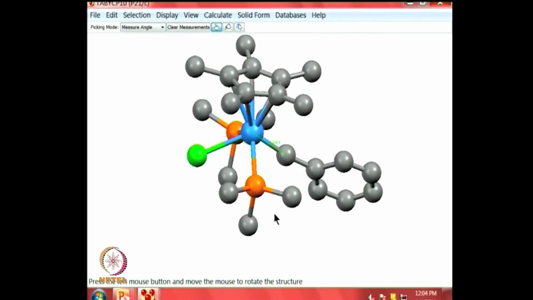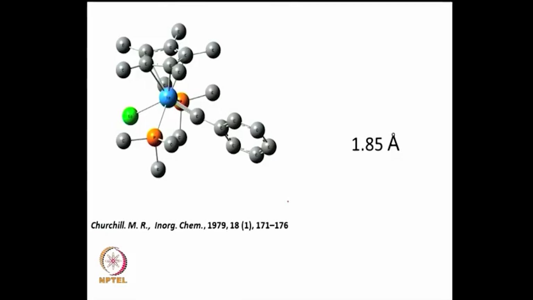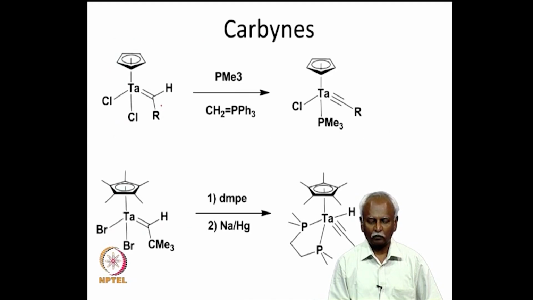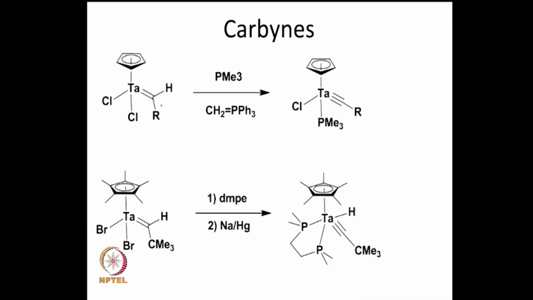So, let me now proceed further. Here you have the picture of this molecule where you have the benzene ring attached to the carbon, which is attached to the tantalum, and you can see that the distances are very short. So, you have metal carbene complexes just like you have metal carbene complexes, and they can be made in a variety of ways.